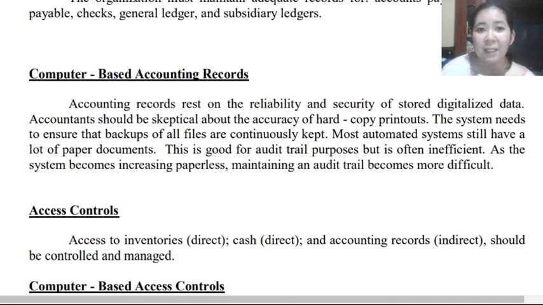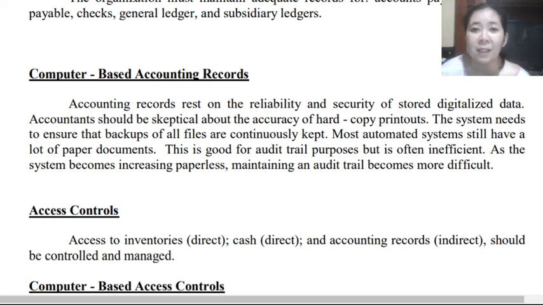For the computer-based accounting system, the accounting records will be reliable and secured as stored digitalized data. Accountants should be skeptical about the accuracy of the hard copy or printouts. So the system needs to ensure that the backups of all these files are continuously kept, for any time they can be accessed.